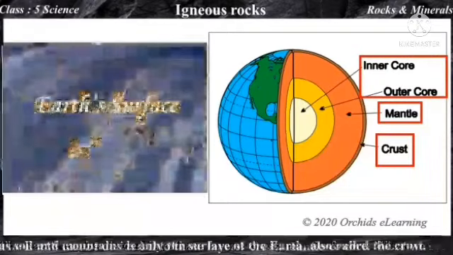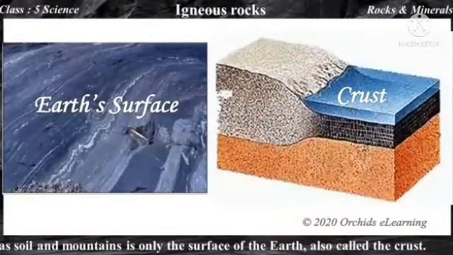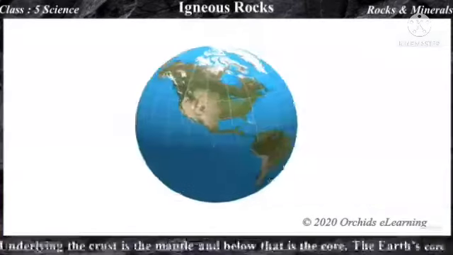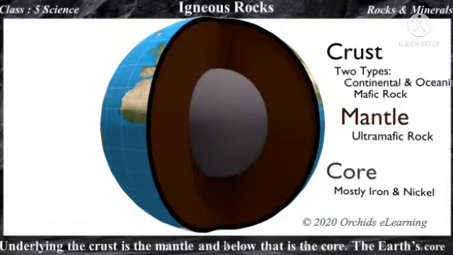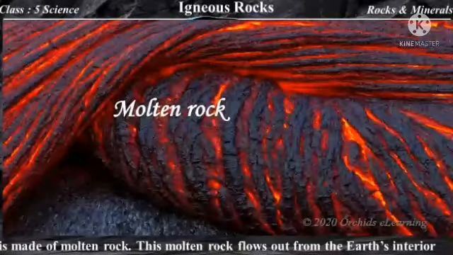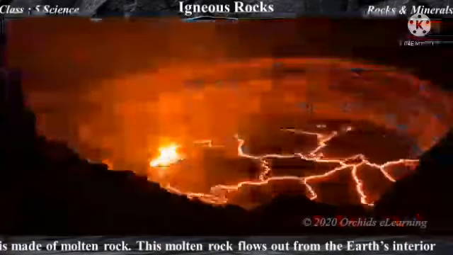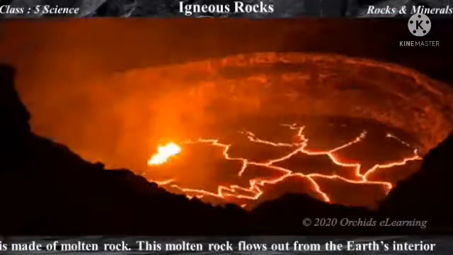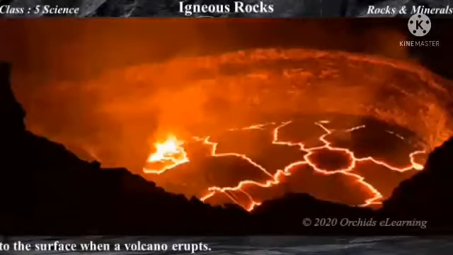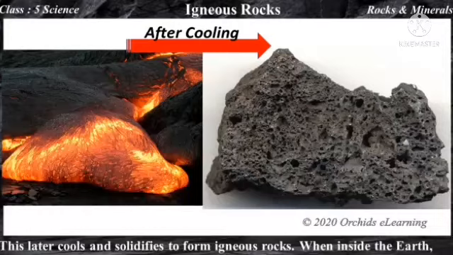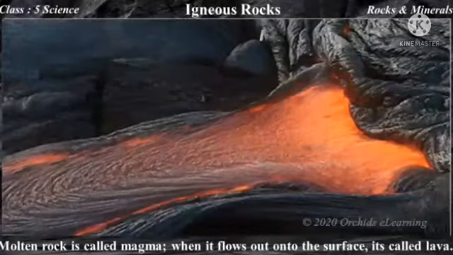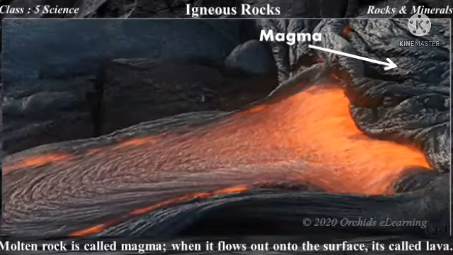What we see as soil and mountains are only the surfaces of the earth, also called the crust. Underlying the crust is the mantle, and below that is the core. The earth's core is made of molten rock. This molten rock flows out from the earth's interior to the surface when a volcano erupts. This later cools and solidifies to form igneous rocks. When inside the earth, molten rock is called magma. When it flows out onto the surface, it is called lava.